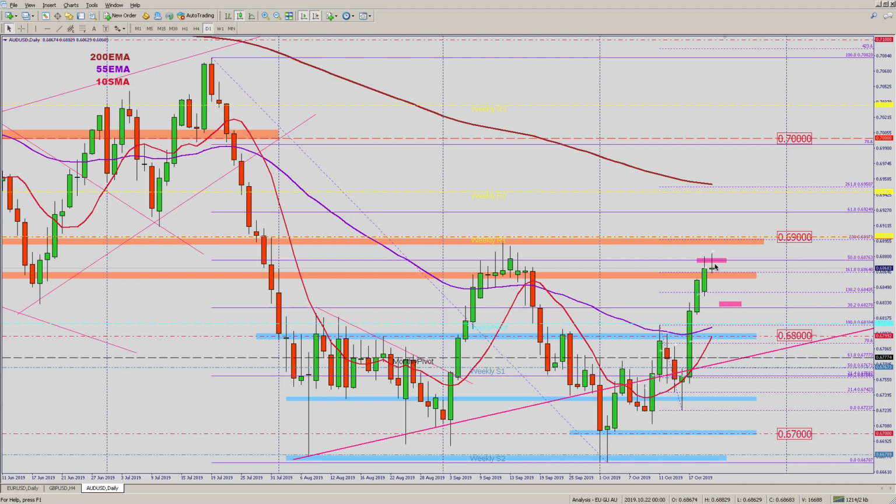All right, so watch out for this key zone to see whether there's going to be a break or breach of this area, and let's move this level up. This is probably the next intermediate support level.